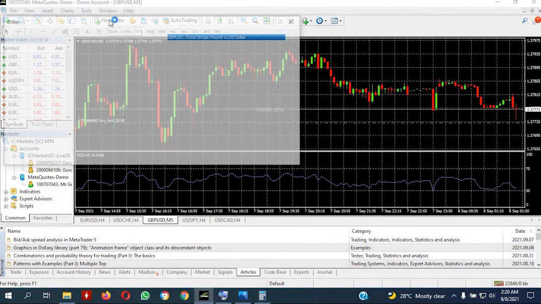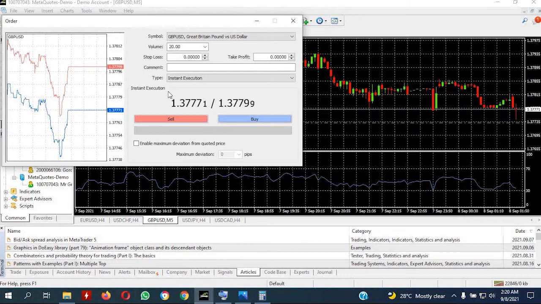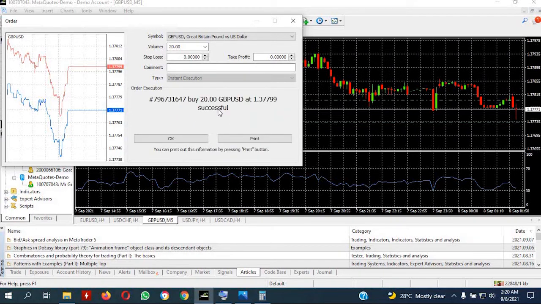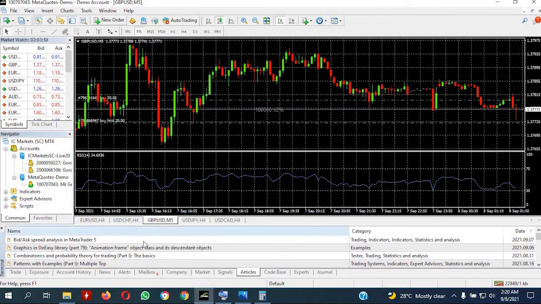I go to new, and you have the sell button and the buy button. I'm going to be doing a buy trade. So I click buy, and it says successful. Click OK. All right.